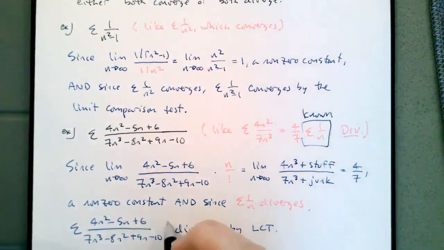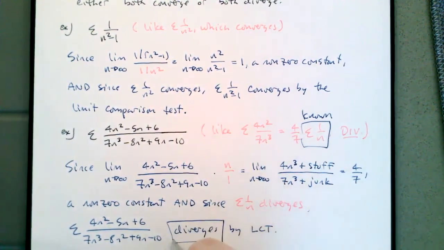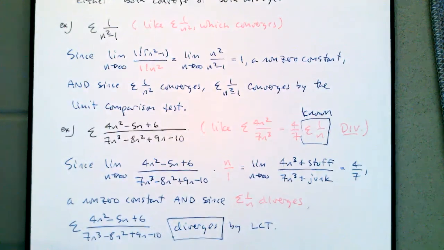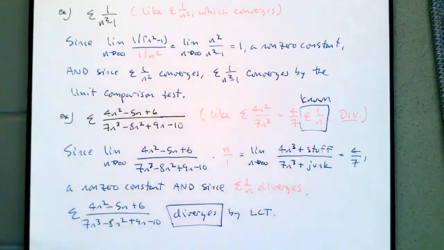The most important part is that our conclusion is that the given series diverges, something we knew before we started writing this argument. Something that we knew when we looked at the n squared over n cubed and said 1 over n diverges. And so this given series diverges as well.